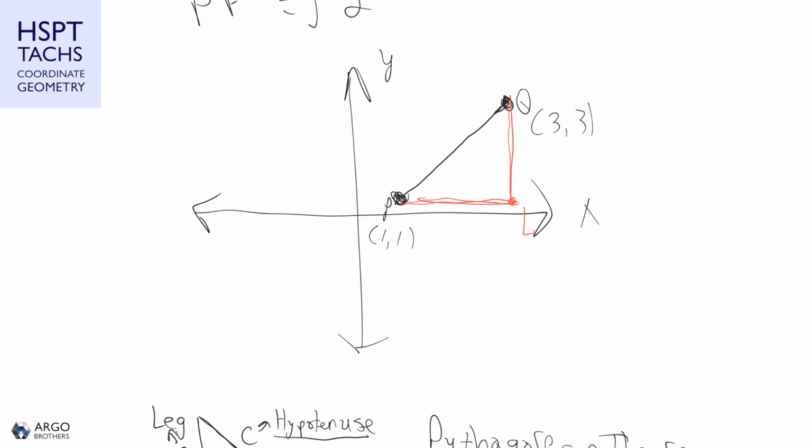And now to find this horizontal distance, all we need to know is what this point L is. And what is that point L? Well, if this point here is 3, 3, that means this is an x-coordinate of 3. So we know that's an x-coordinate of 3. But what's the y-coordinate? Well, we know that this point here is 1, 1, which means this is a y-coordinate of 1, which means that over here is a y-coordinate of 1.